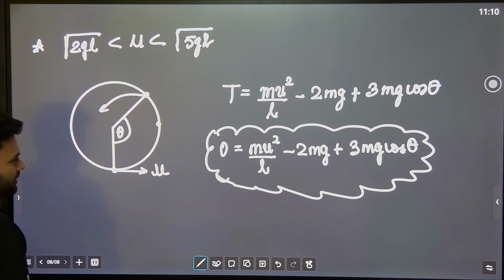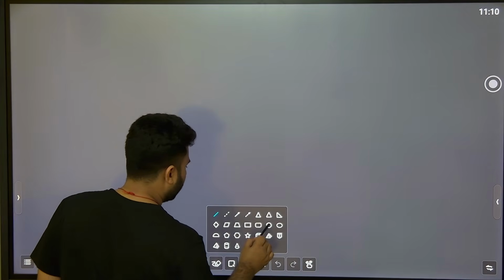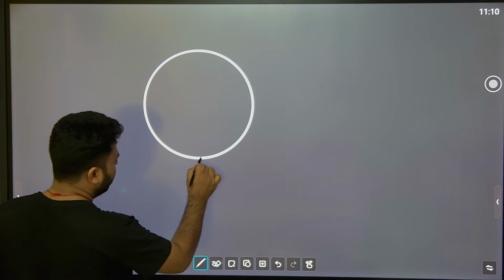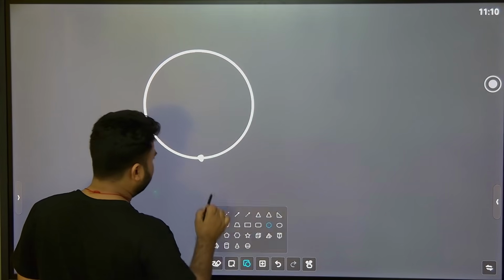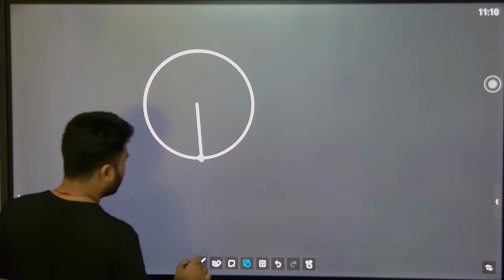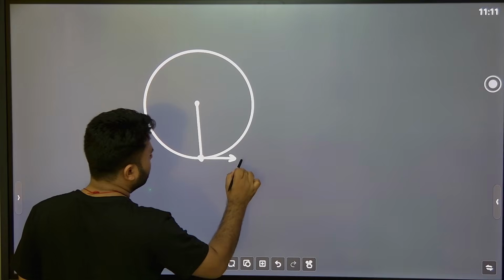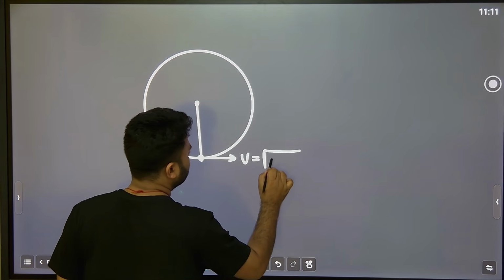See, one short trick I am giving to you. Suppose the object is performing vertical circular motion, and here they have given the speed at the bottom. Suppose the speed at the bottom is under root nGL.